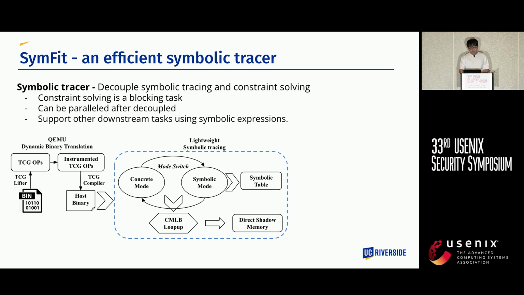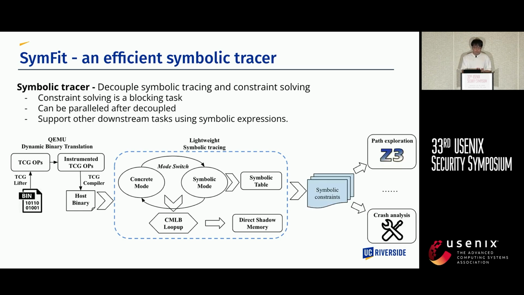For shadow memory, we first try to hit the fast path, which is this cache lookup. We only fall into the slow path of shadow memory access when there's a cache miss. And accessing this shadow memory is actually efficient because we use direct mapping of the memory. So our symbolic tracer will produce symbolic constraints that support downstream tasks like path exploration in hybrid fuzzing, and also crash analysis and deduplication.